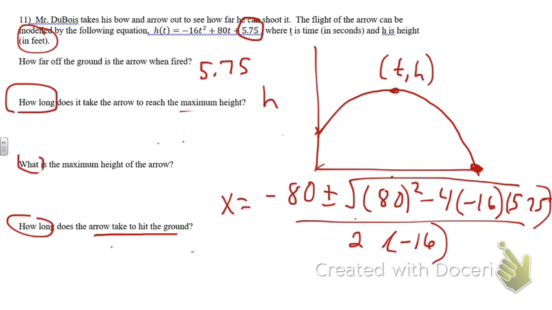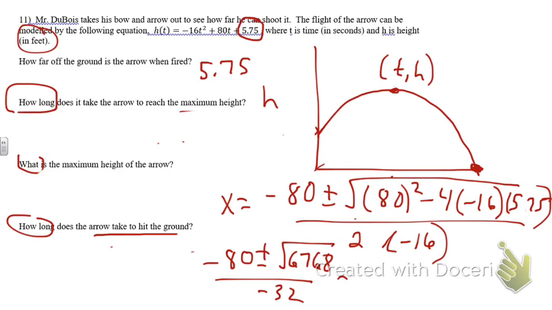So I did it on my calculator. So I have negative 80 plus or minus the square root of 6,768 over negative 32. The square root of 6,768 is 82.3. So I have negative 80 plus or minus 82.3 over negative 32.